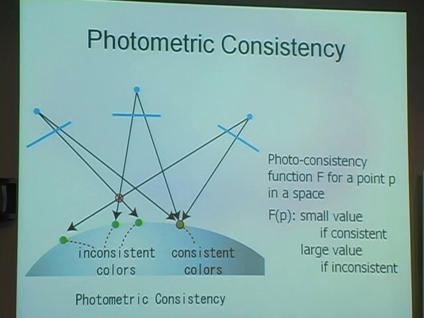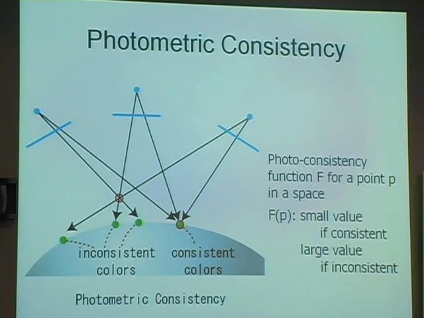We expect that these three pixel colors should be different, because this pixel color is coming from this point on the surface, while this pixel color is coming from that point on the surface. So those values should not be consistent. Whereas if you pick this other 3D coordinate and evaluate the function value in the same way, these pixel values are coming from the same place, so these pixel colors should be consistent.